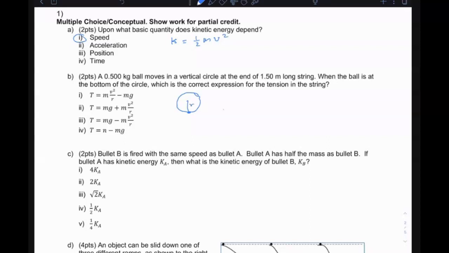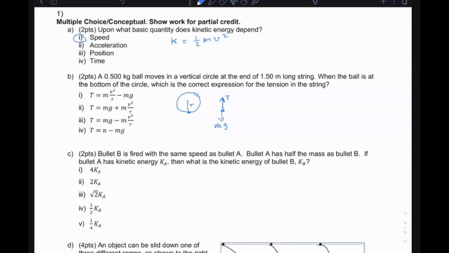Then the forces acting on the ball, if we do a free body diagram, are the weight acting down and the tension acting up. And the net force is in the direction of T, causing an acceleration equal to v squared over r, the centripetal acceleration.